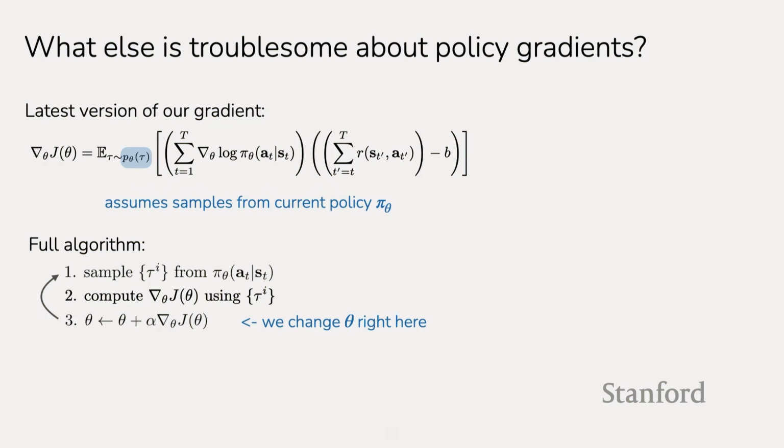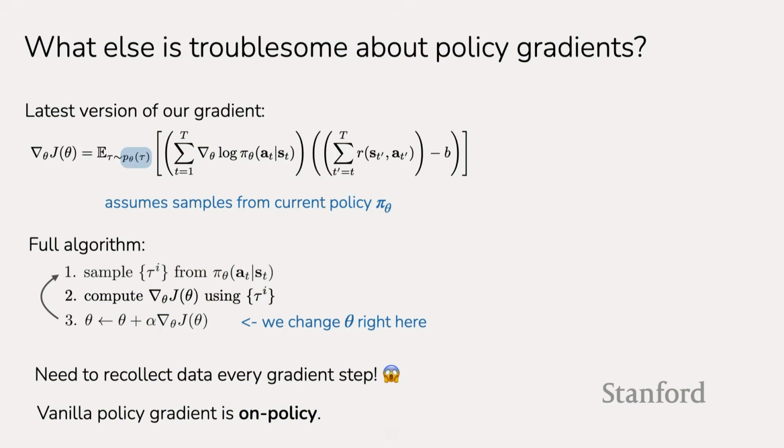This means that every single time we take a single gradient step, we need to recollect data to estimate our gradient. This is kind of sad because usually we do thousands and thousands of gradient steps on neural networks. So that seems like a problem.